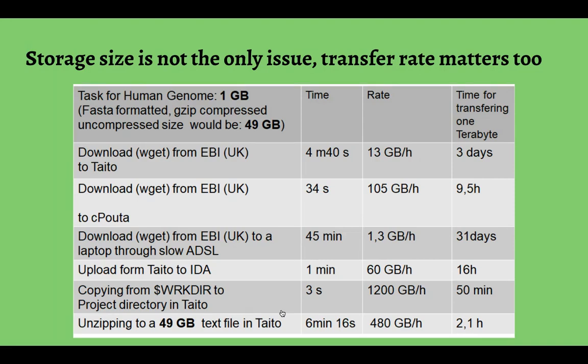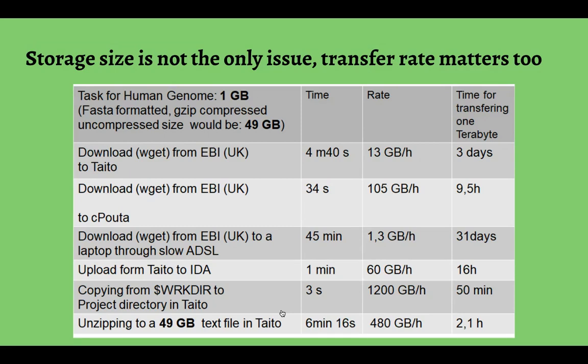I just tried last week to play a little bit with the human genome, a fasta formatted human genome file, which the size of human genome as a compressed gzip is about 1 gigabyte, and how quickly I can do some things with that. So I download data from the EBI that is located in England, and if I download it directly to Taito or a virtual machine running in cPouta, it takes, well, in cPouta half a minute, in Taito a few minutes.